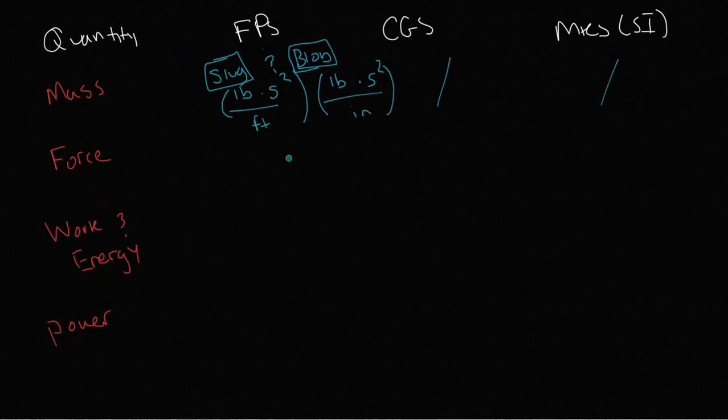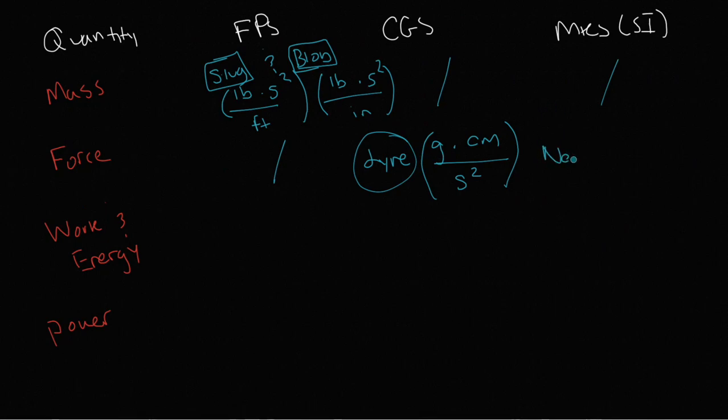For force, we don't have anything in the FPS system. In the centimeter, gram, and second system, we have something called dyne. Dyne is gram times centimeter all over second squared. If we go back to looking at newtons, that's what we'll see in the MKS system.